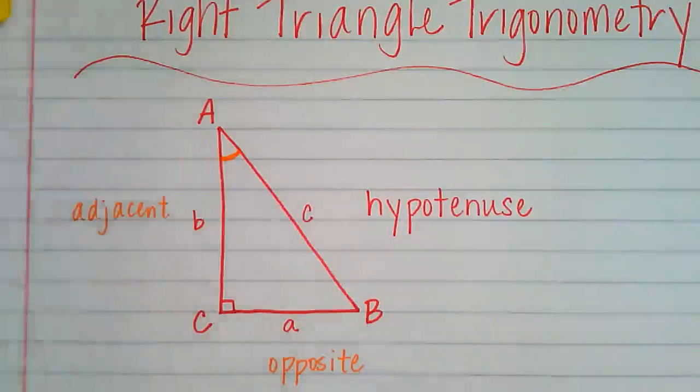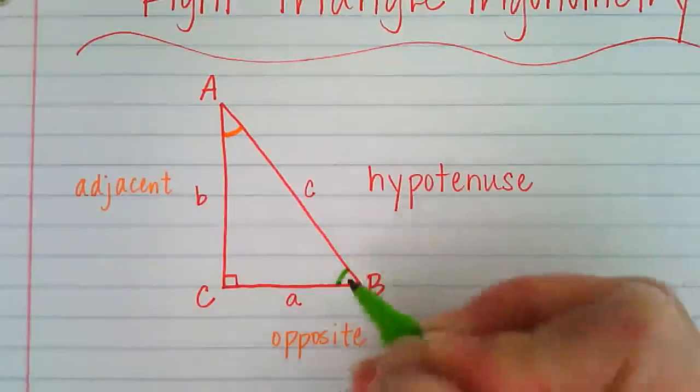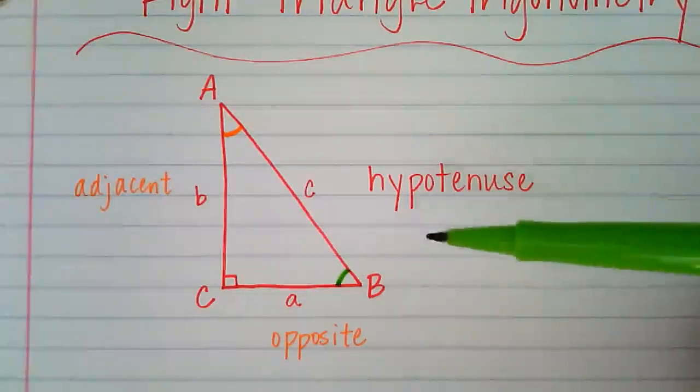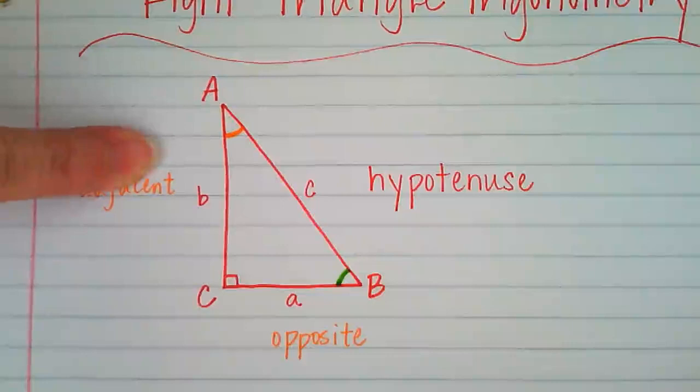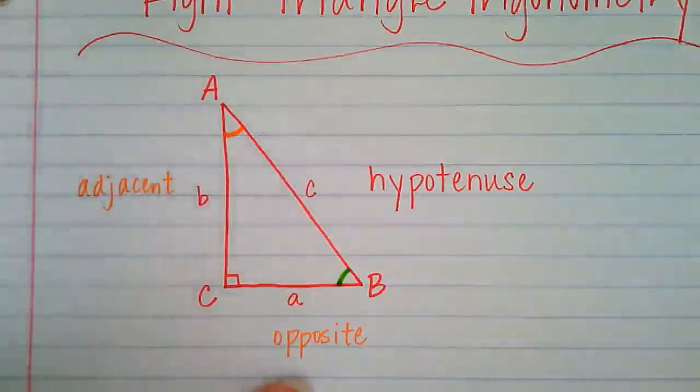Okay, so from angle B, angle B is this one down here. This is still the hypotenuse, but this time, this is opposite and this is adjacent.